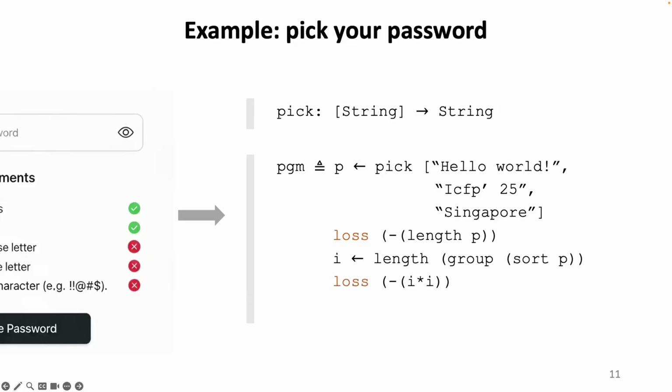And maybe we also want the password to contain as many distinct elements as possible. So there is some Haskell function that calculates how many distinct characters there are in a string. And then it also incurs a loss, which is the negative result of that count squared.